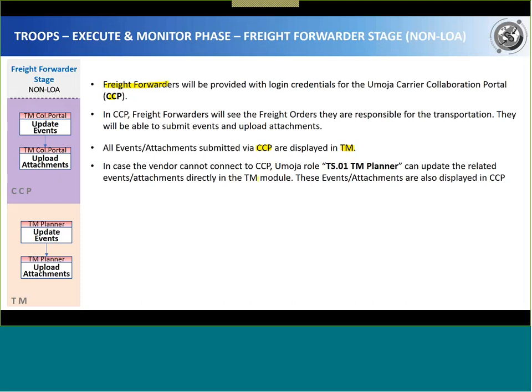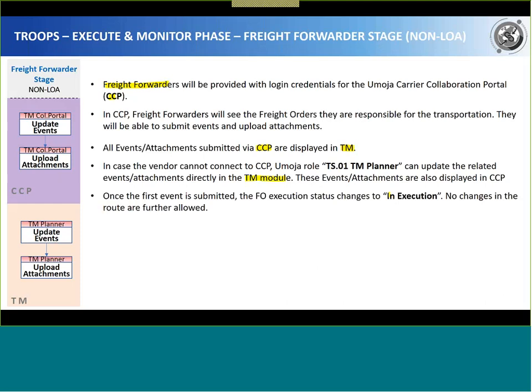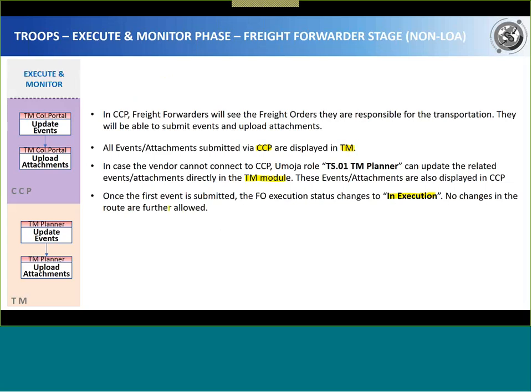UN roles can also submit events on behalf of freight forwarders directly in TM in case it's needed. And this we already mentioned before. Once the first event is submitted, the status changes to in execution, and no further changes in the route or dates are allowed. Okay.